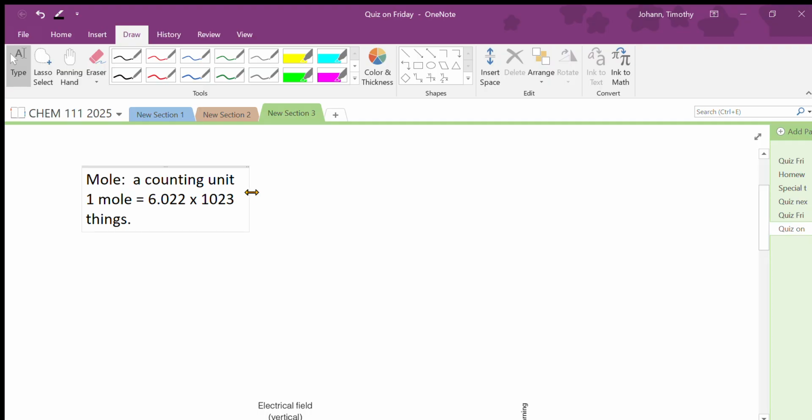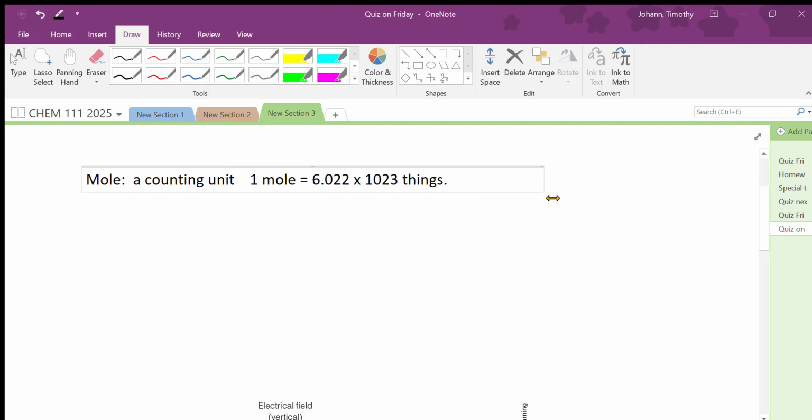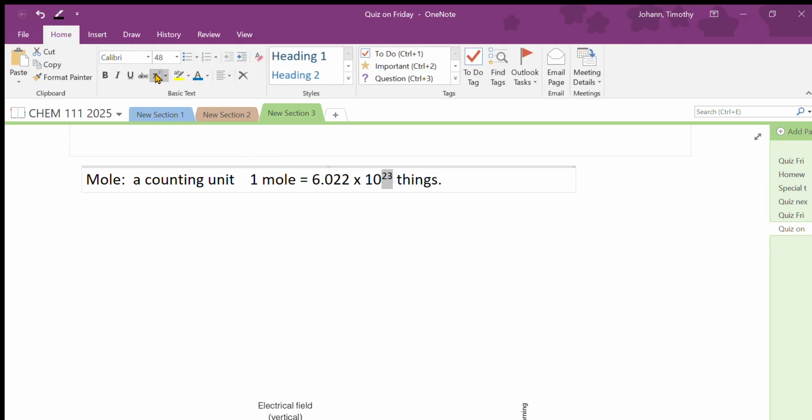This is so important, let's go ahead and write that out for real, because moles are super important in this class. We should be able to convert between moles and grams.